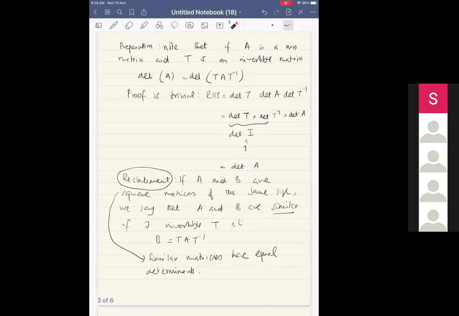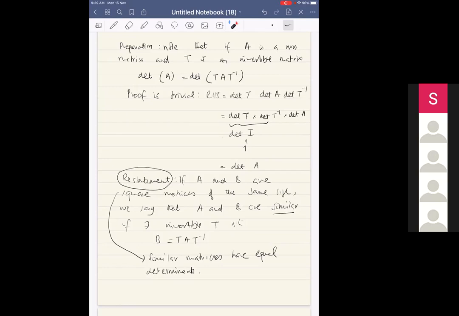As a preparation for what we want to do, I want to say one more thing about determinants and something about matrices also. Two square matrices of the same size, n by n, are similar if one can be got from the other by conjugating with an invertible matrix.